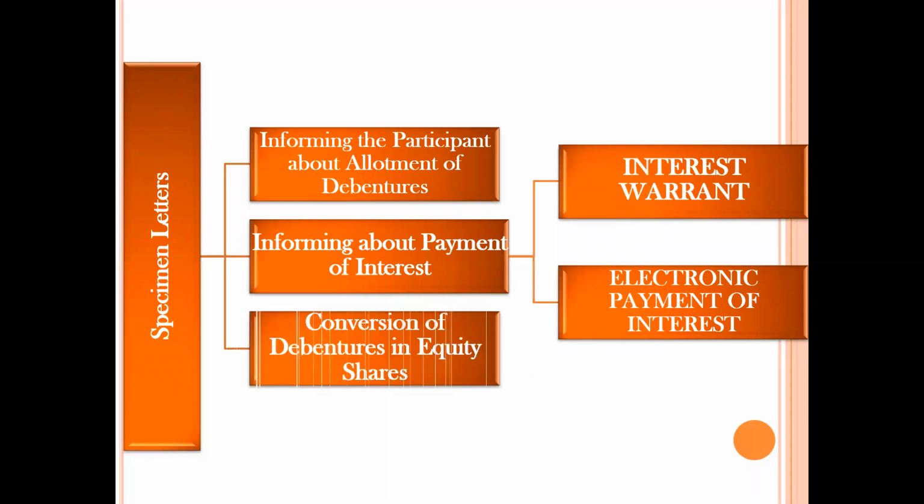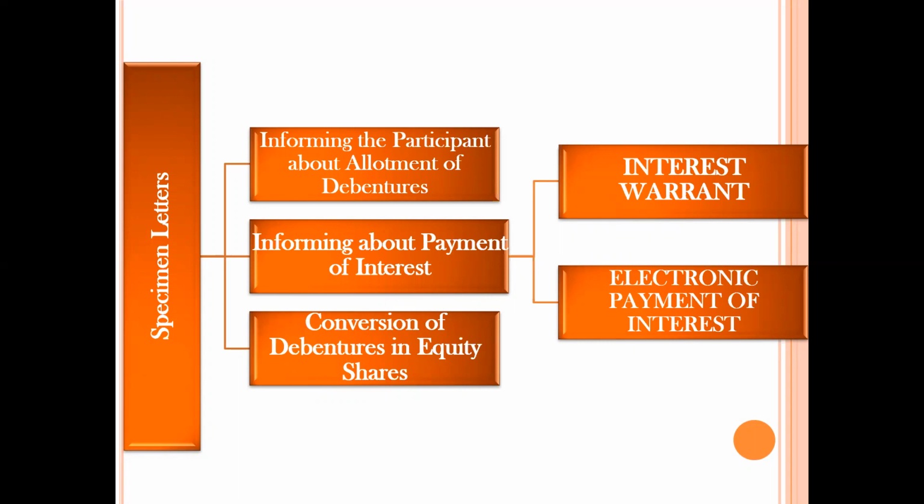Now class, today our focus will be on the third type of letter, that is conversion of debentures into equity shares. This topic we had already covered when I taught you about the types of debentures. In that topic we saw which type of debentures can be converted into equity shares.